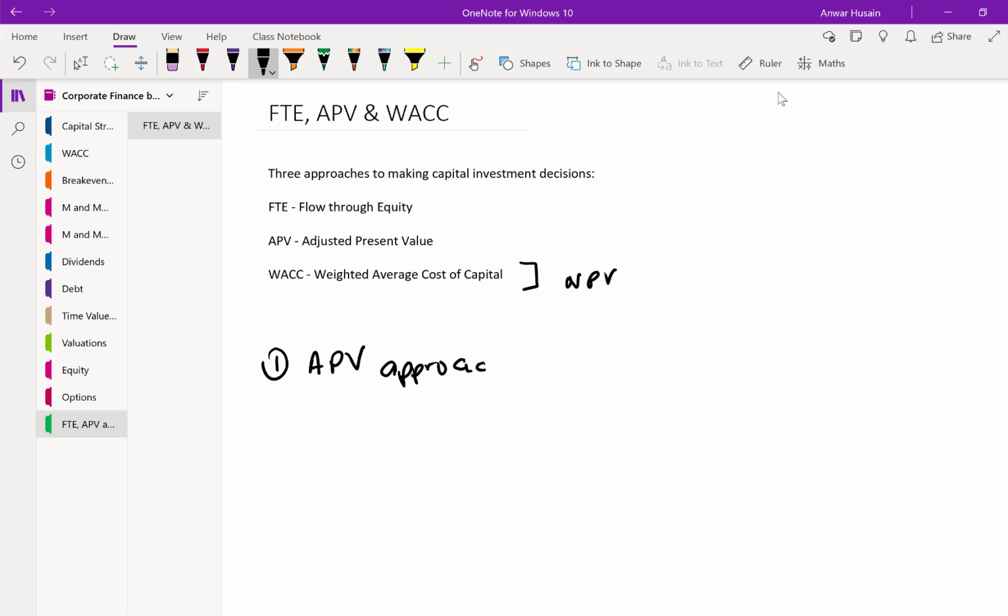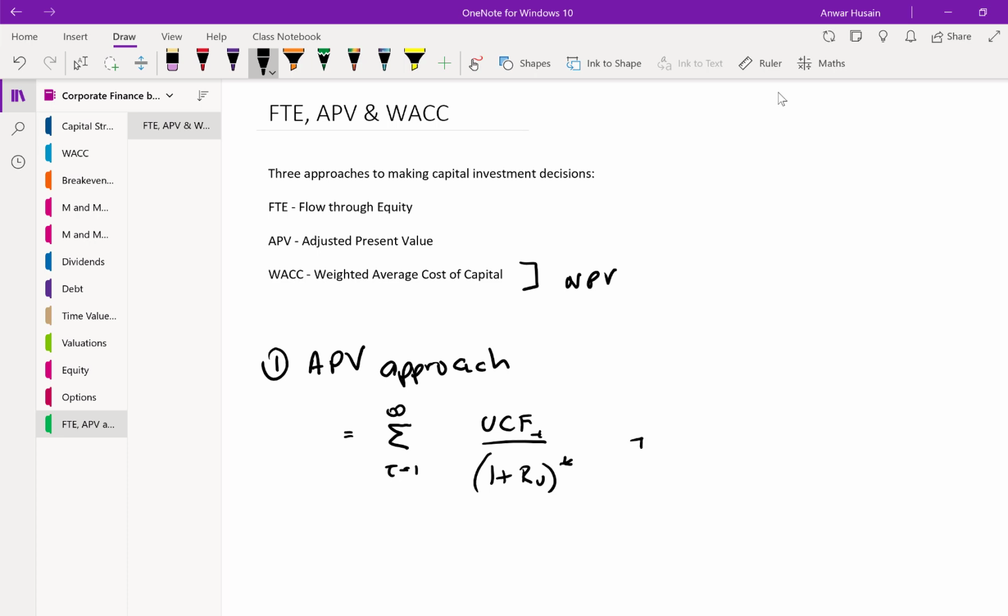The formula for this is that you take the sum of all of the values during the life of the project. You take the unlevered cash flow at time t, and you divide it by (1 + R_U), which is the unlevered cost of equity, to the power of t.